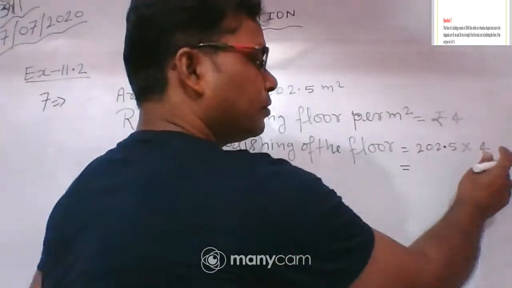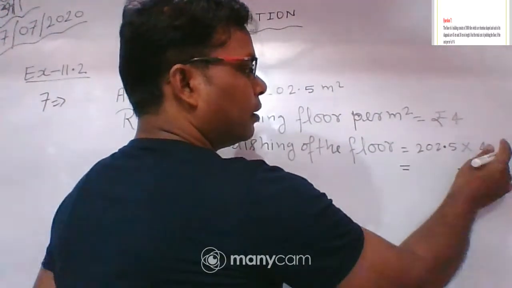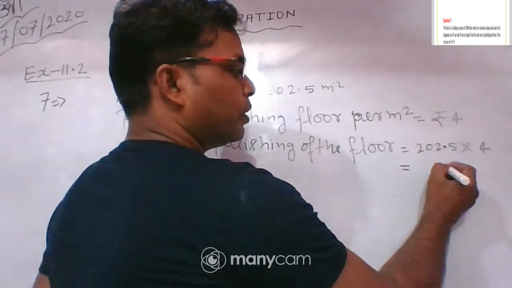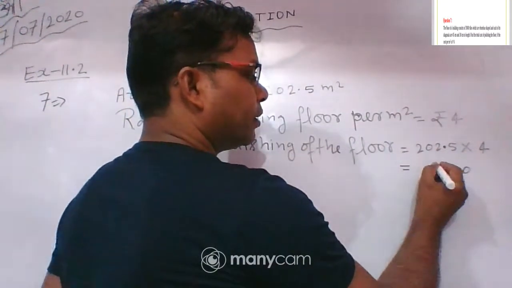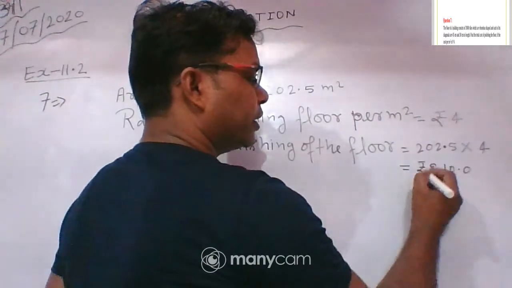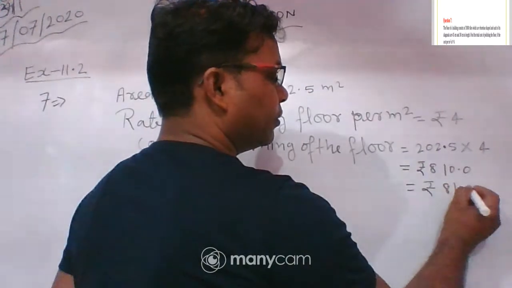So here you can see, 5 times 4 is 20, then 0.4, 2 times 4 is 8, 8 plus 2 is 10, and 2 times 4 is 8. So 810 rupees. Here you can see it is 810 rupees.